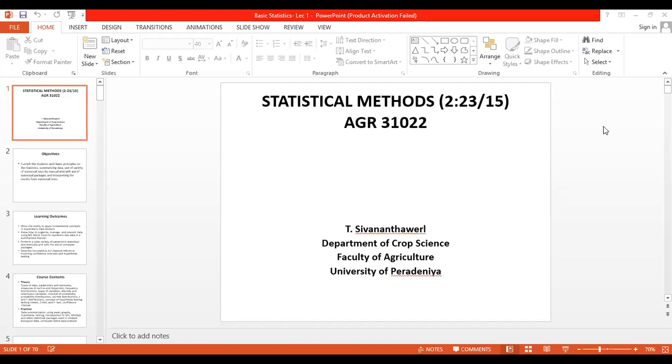First announcement: when you log on to Zoom, better to use your name. Most preferable is to use your registration number. The reason is that your entering and exiting time in Zoom will be recorded by our server, so that we can take it as attendance. Attendance is accountable, right?